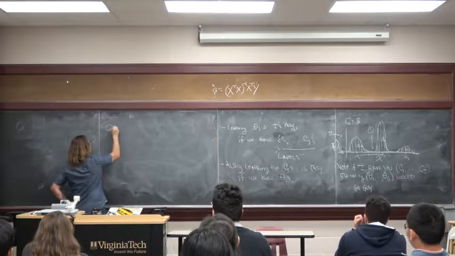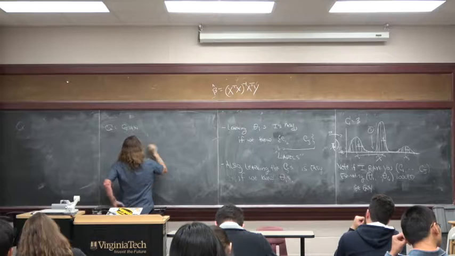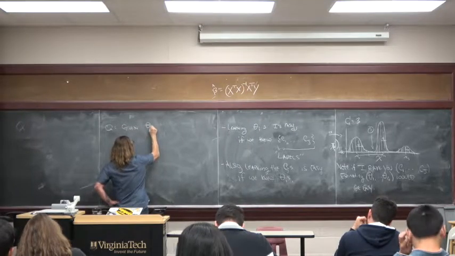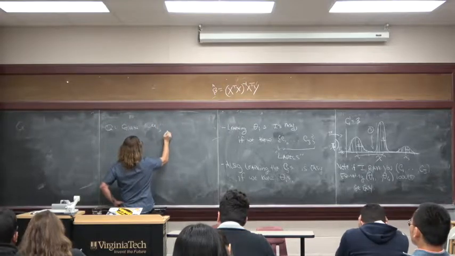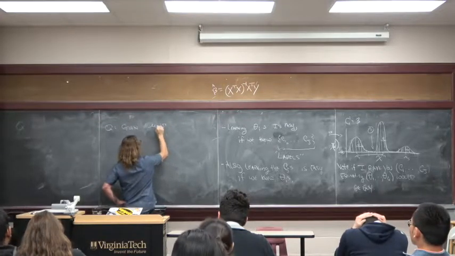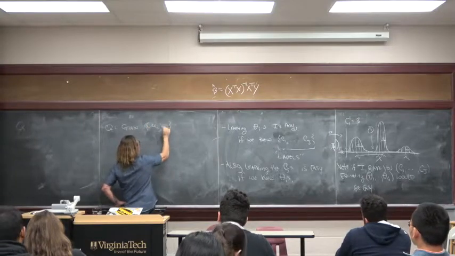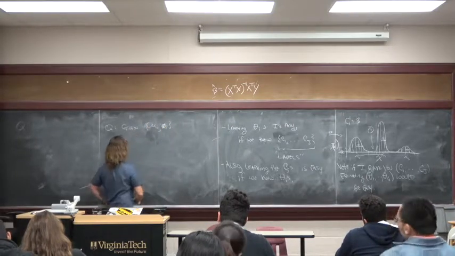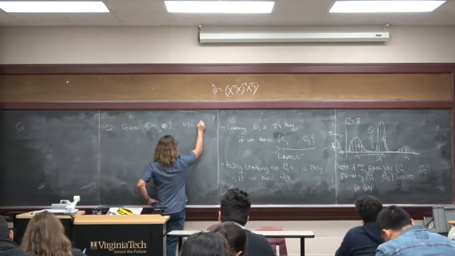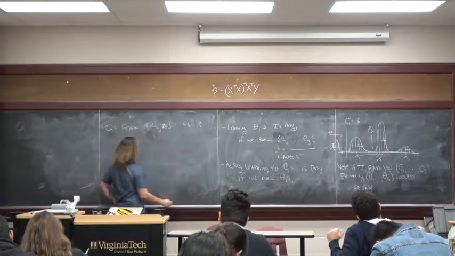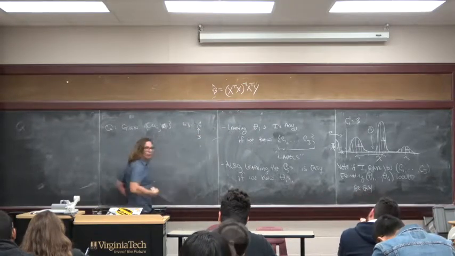So, question, given theta i's, mu 1 given theta i's, i goes from 1 to cap C. In our case, this is 3 for our example.